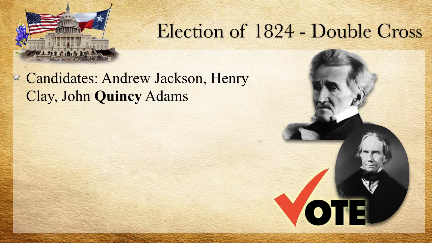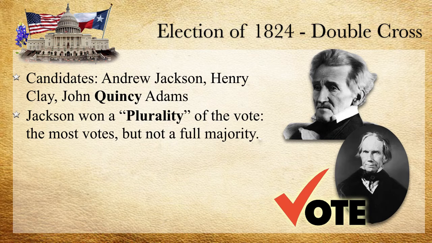Anyway, and then we have what's called a plurality because Jackson wins a plurality of the vote. This is not a majority. If you win a majority, that's 50% plus 1. A plurality is where you do get more votes than anybody else, but you never reach a full majority. You just reach part of that vote.